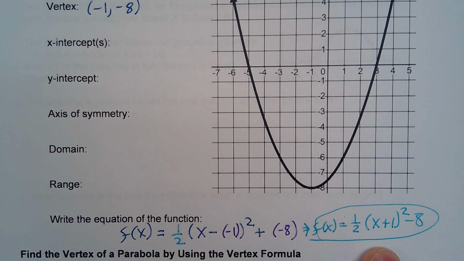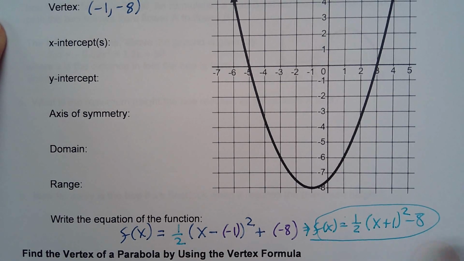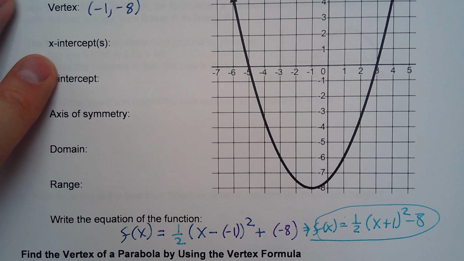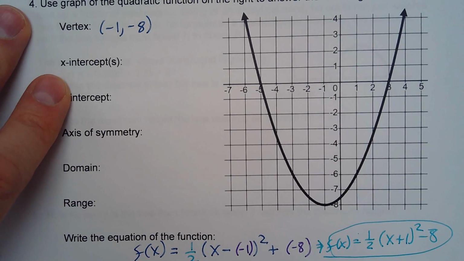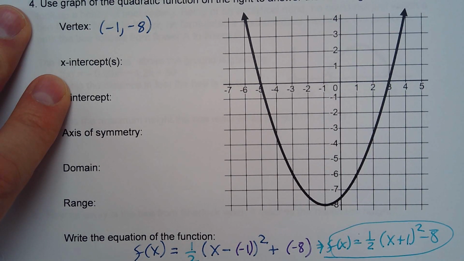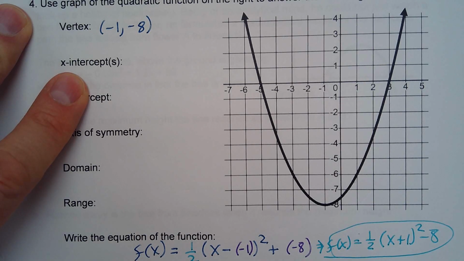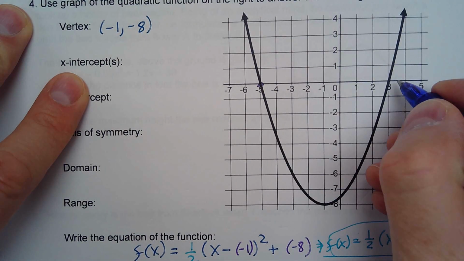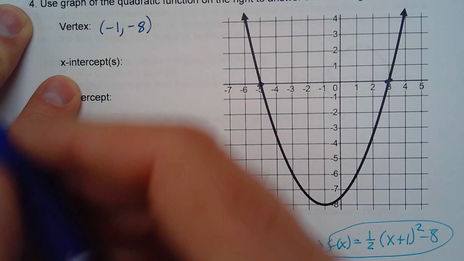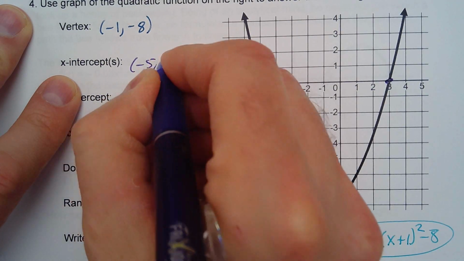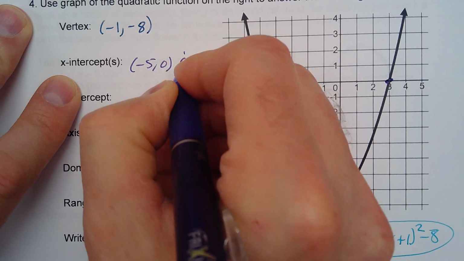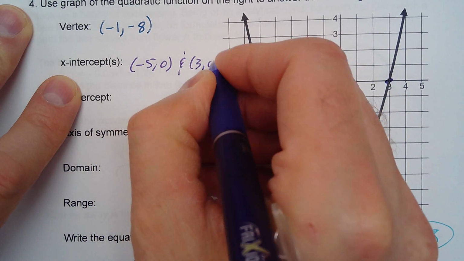So if I was only asked to do the equation, I would stop here. But that's not what they asked us to do. They want us to find this other stuff. So x-intercepts, we have one at negative 5 and one at 3. So it would be (negative 5, 0) and (3, 0).